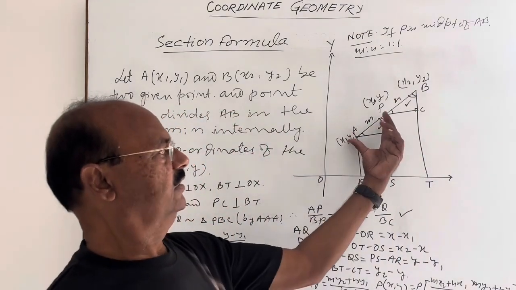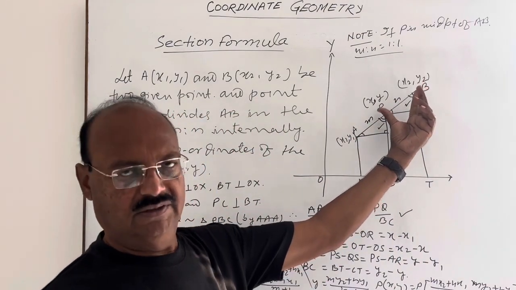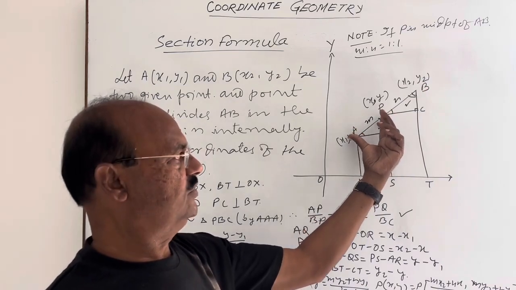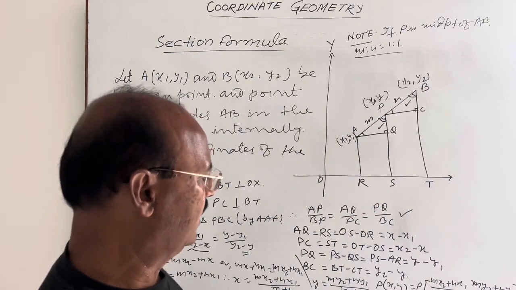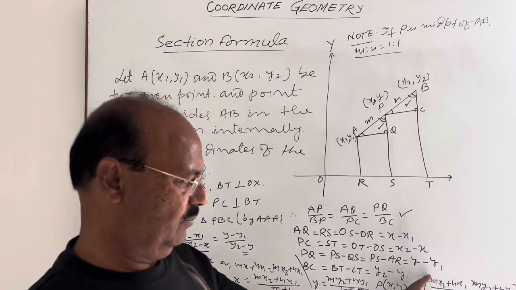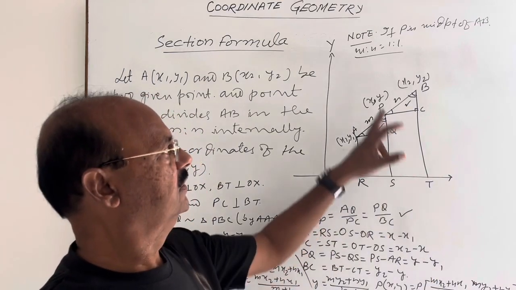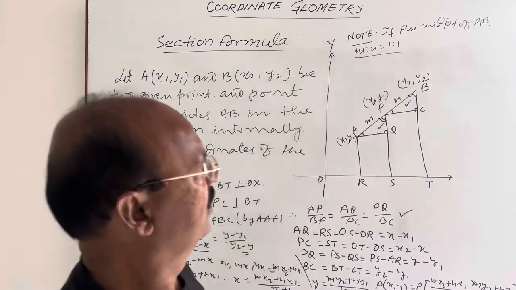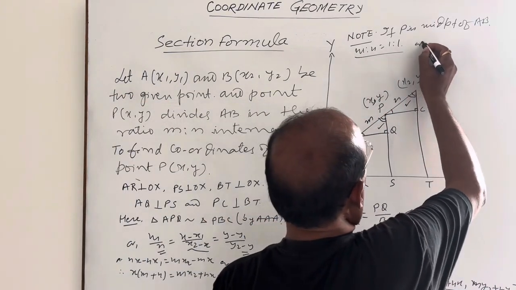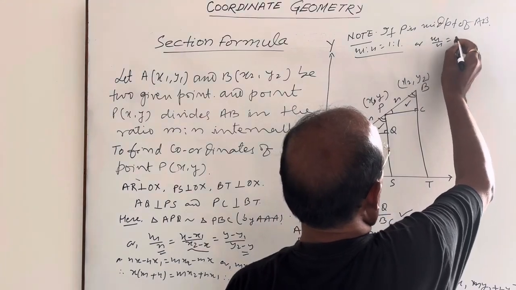Midpoint means these two parts are equal. Means the internal ratio is 1 is to 1. In that case, m by n is equal to 1.